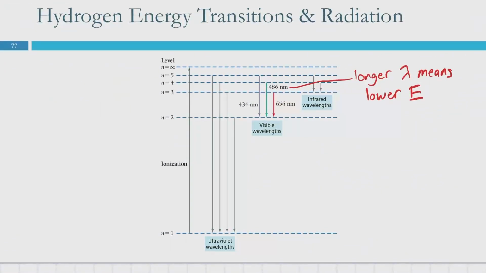For a visual, this is probably accurate spacing. So our n equals 1 is here, 2 is here. This is going to be a big jump, right? This is way bigger than our n equals 3 to 2. 3 to 2 was the one that we chose. The other options were 4 to 3 and 5 to 4. Let me grab these as different colors and then we can put them all together side by side.